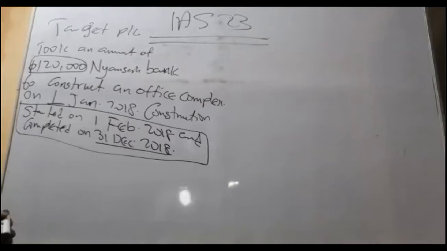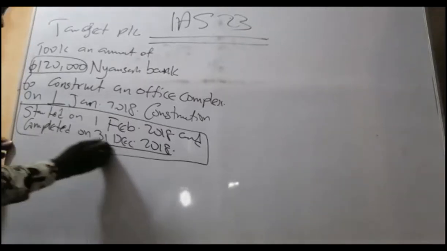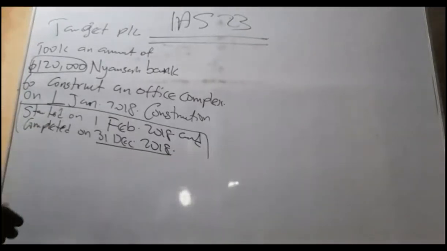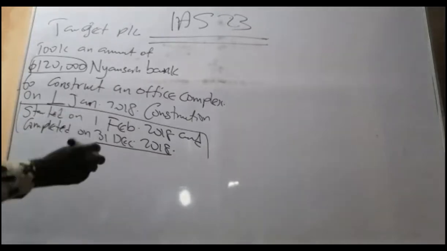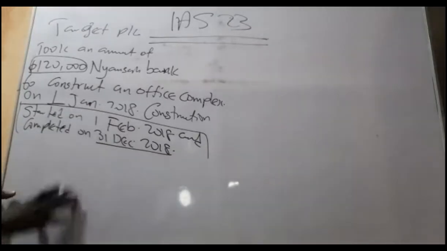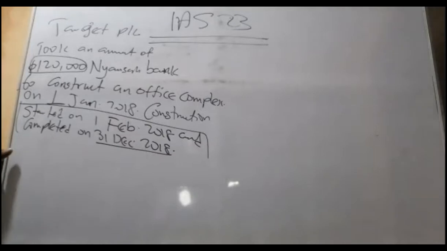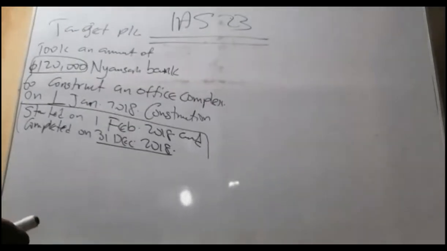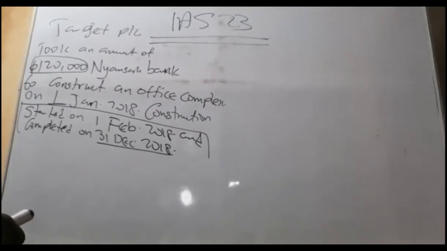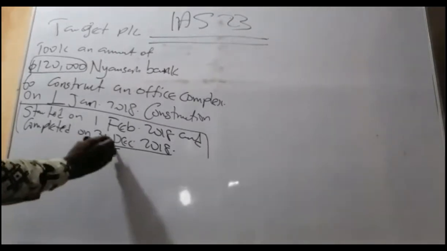The contractor was paid as follows, or the amount was drawn as follows. I think that one you have to write it. The amount was drawn as follows. So you start like this.